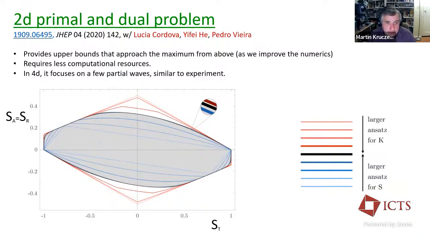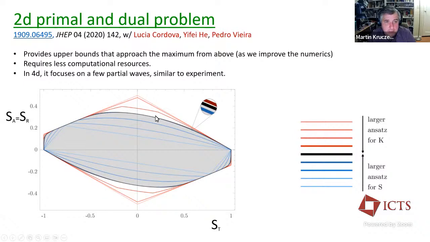And in 2 dimensions, we have this primal and dual approach. In the primal approach, we take some S matrix parameterized, for example, by a polynomial, and the more coefficients of the polynomial, the larger the space we map. The other was the dual, where we have these Ks, which essentially are like Lagrange multipliers that impose a constraint. And the more Lagrange multipliers we put, the more we restrict the space, and that we can converge onto the space of allowed S matrices from inside and from outside.